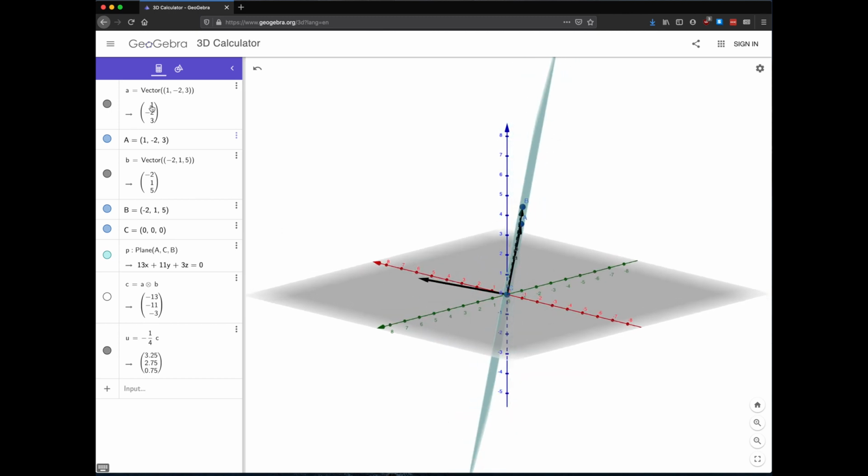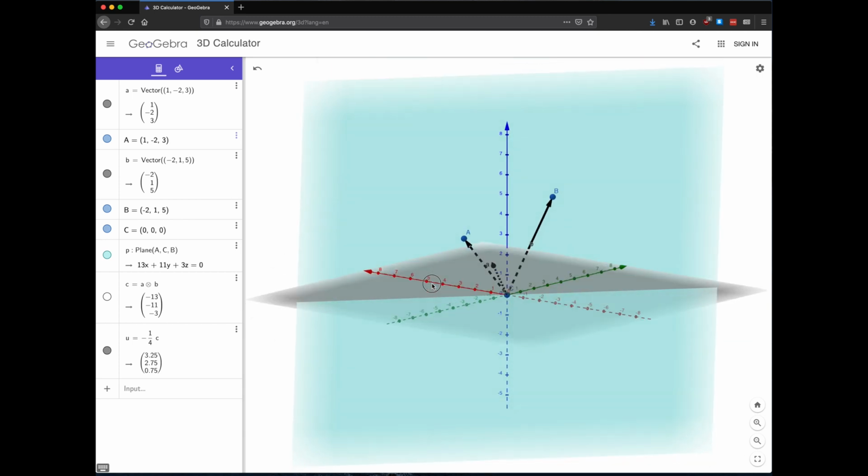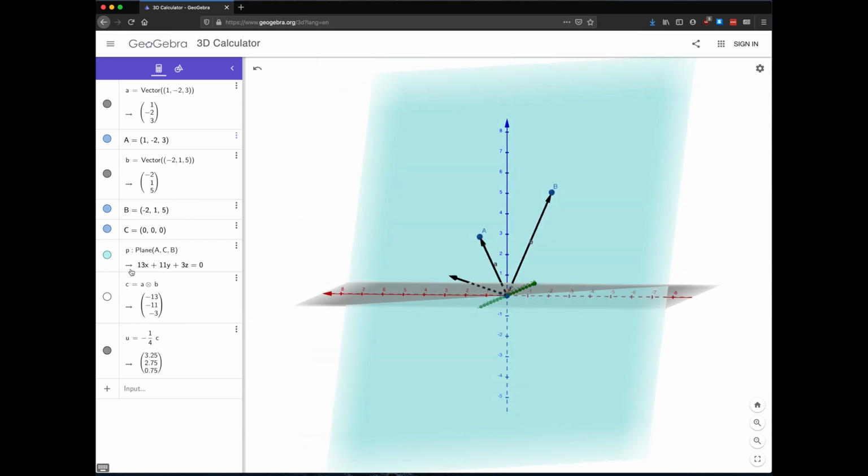I told you in video for 12.5 that we could have parallel planes. So if I wanted to talk about a parallel plane to this guy, notice it gives me my equation, 13x plus 11y plus 3z, and notice the normal vector, 13, 11, 3. It's a scaled version of these coefficients here.